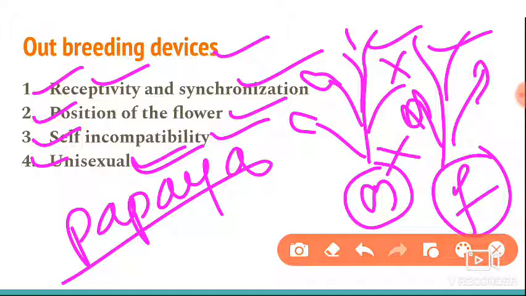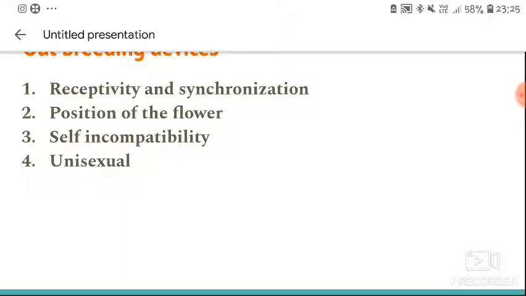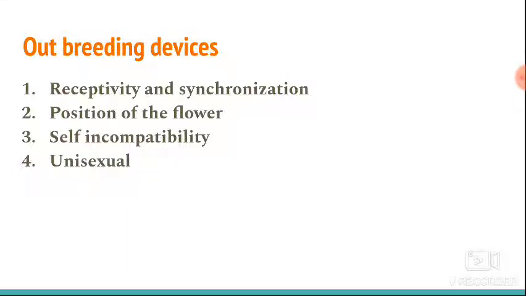Read your NCERT textbook, where it is given very clearly, but not mentioned separately. Just note all these points and remember them in an easy way. Students, I think you understood all this concept about outbreeding devices. Here you can see the points I gave in the slide.